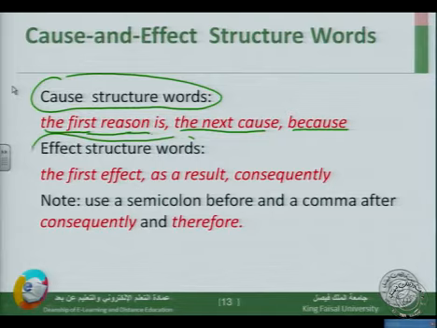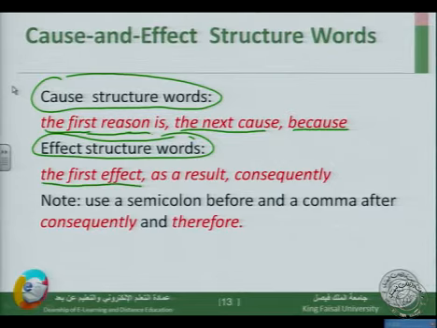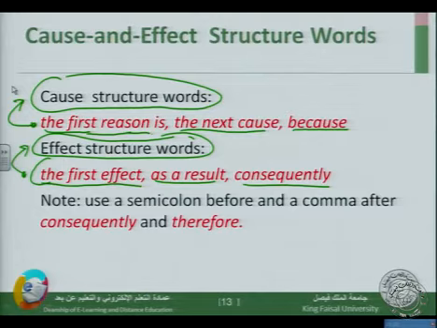While in the effect structure, you can use words like the first effect, as a result, consequently. So all these words indicate that you are talking about a cause structure, while all these expressions indicate that you are talking about a result, an effect structure.